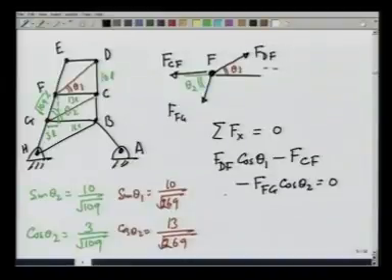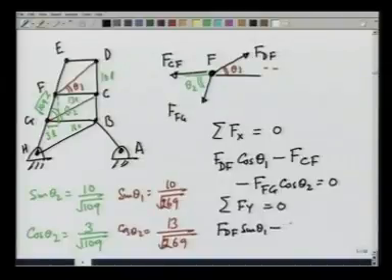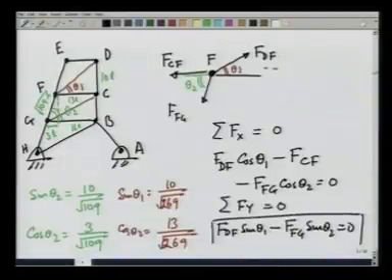Similarly, summation Fy equals 0 gives me F_DF sine of theta 1 minus F_FG sine of theta 2 equals 0. From the second equation, I can find F_FG right away.